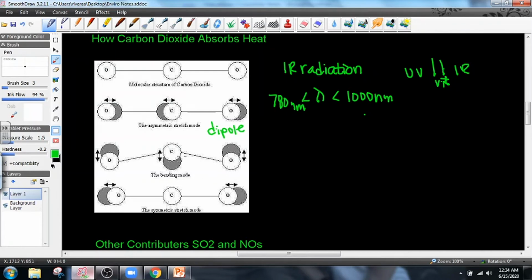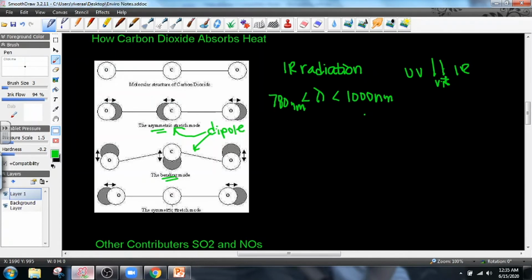The other thing that could happen is we could get bending of the molecule, where the molecule was straight, but when it absorbs this energy from the IR radiation coming off of the Earth, if this molecule starts to bend, I'm also going to get a dipole moment, because it's no longer this symmetrical molecule where the polarity of the bonds cancel. So I'm going to get a dipole here with asymmetric and bending vibrations.